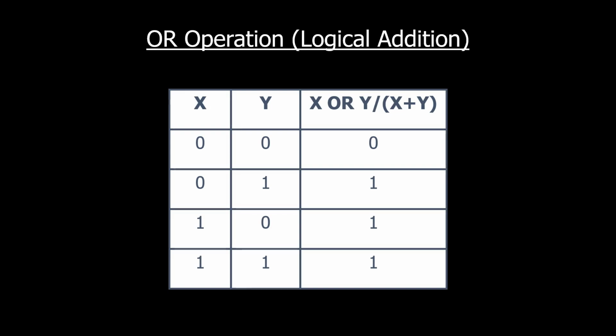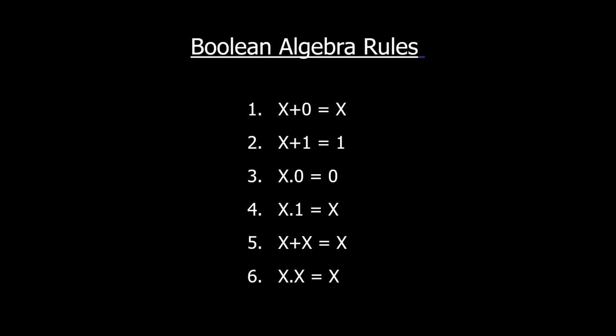Now we will look at the Boolean algebra rules. First of all, there are 6 simple rules which are given here. Here x represents a Boolean variable. If you look at the first rule, it says x OR 0 is equal to x again. Now, as I said earlier, this x can take only 2 values, that is either 0 or 1.